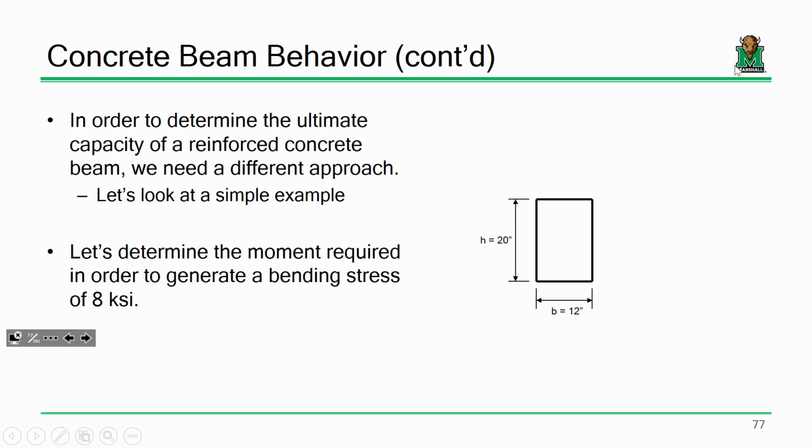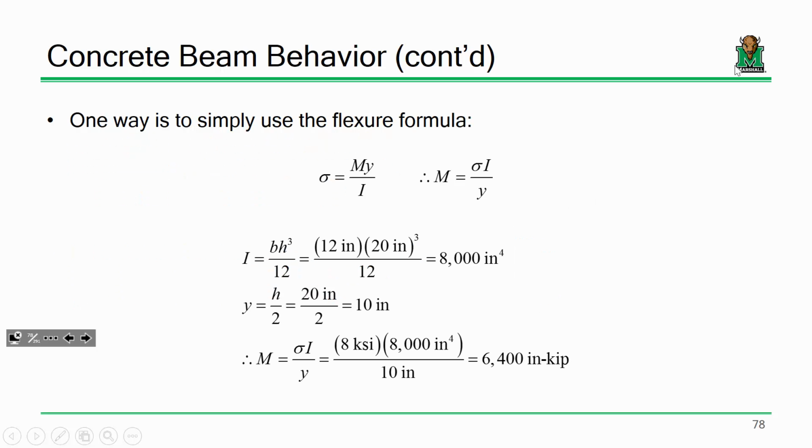Okay, so the beam's 12 inches wide and it's 20 inches tall. So the moment of inertia is bh cubed over 12. Go through and check that out and you get 8,000 inches to the fourth. We've got our centroidal distance, solve for the moment, and we get 6,400 inch-kips, or you can convert that to foot-kips, however you want to go about that. Sound good? Okay, that's one way to do this problem.